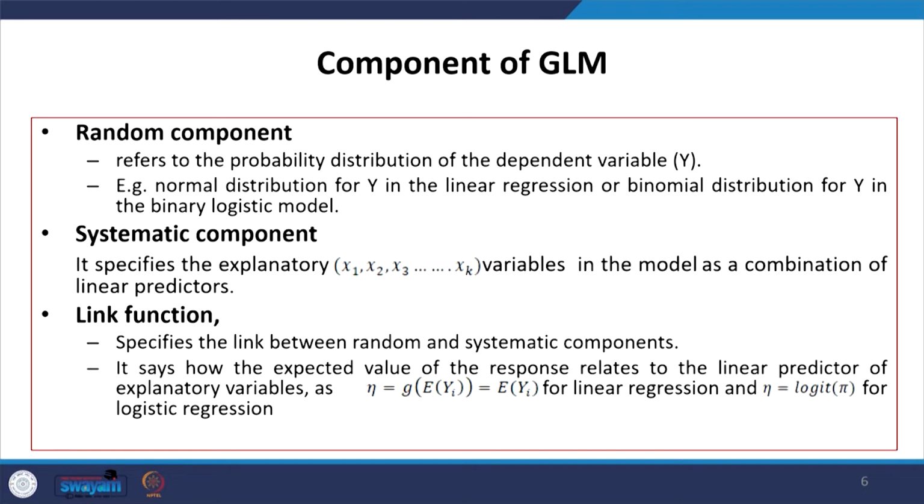The link function specifies the link between the random and systematic components. It says how the expected value of the response relates to the linear predictor of explanatory variables.